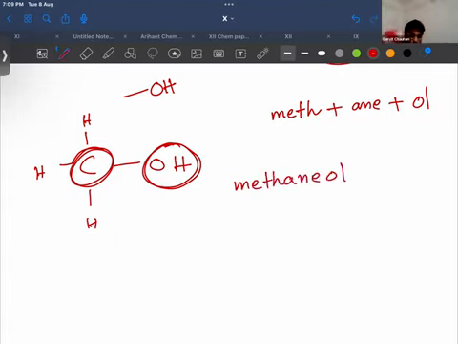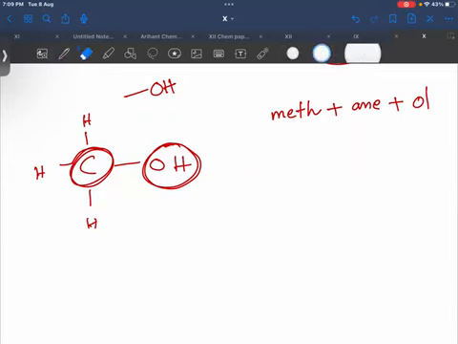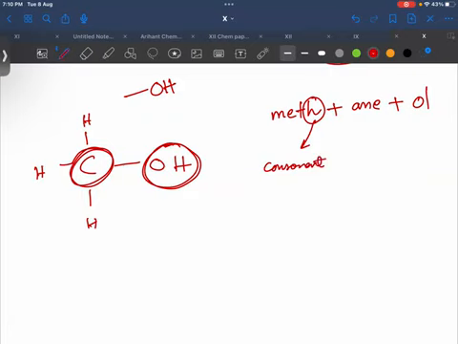Methane-ol. लेकिन there is an issue. ठीक है? Issue देखो अभी सब लोग. Everyone concentrate. This is very important. इसमें देखो, meth is ending with H, right? Is H a vowel or consonant? A consonant. What about A?